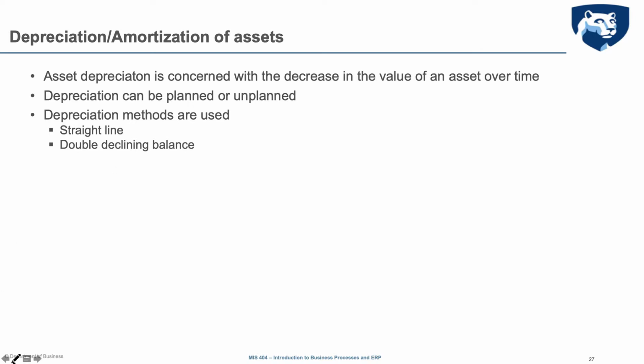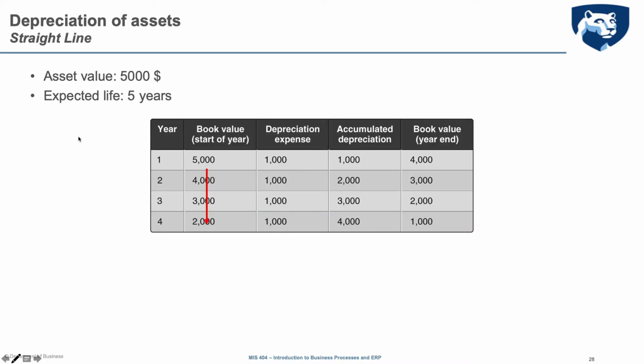There are two methods that you should recall when you apply depreciation. One is called the straight line and the other is called the double declining balance. Let's start with the straight line with a very simple example. An asset value is $5,000. Okay, the expected life is 5 years. In year 1, you buy an asset for $5,000.